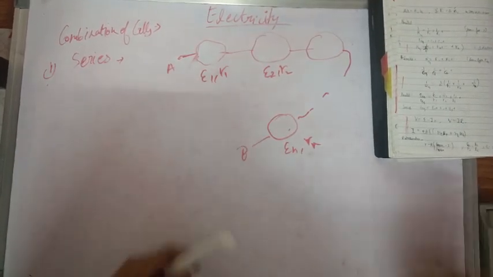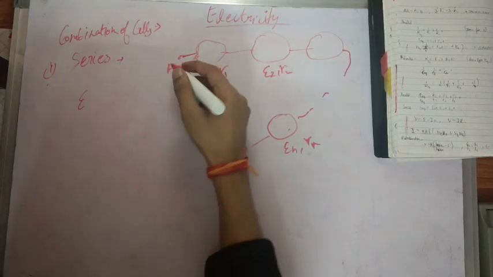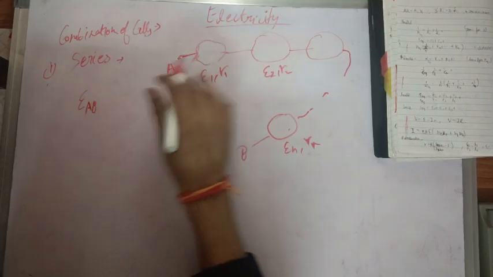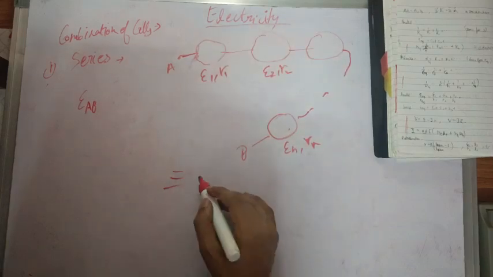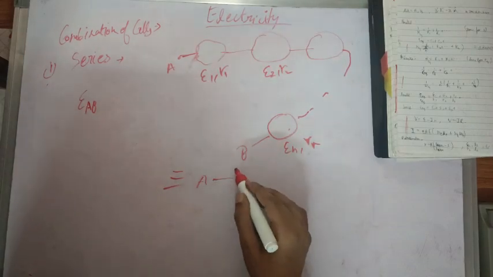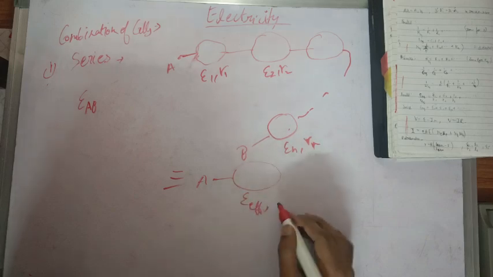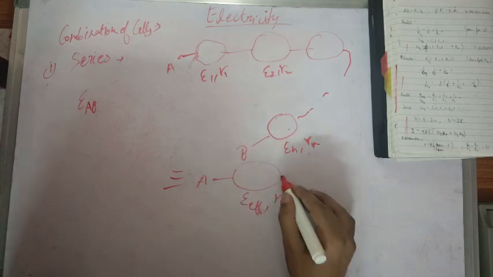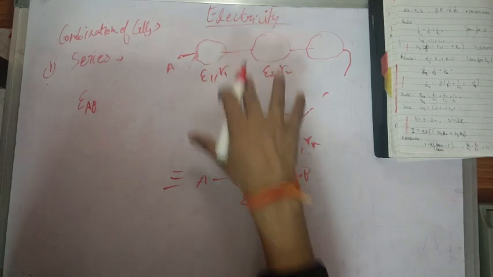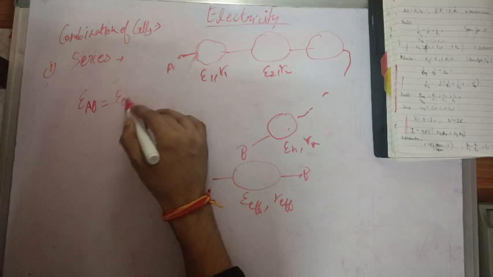Now in case of this, simply the EMF between A and B, this whole system can be replaced by a single cell, which is let's say of E effective EMF and R effective internal resistance. This whole can be replaced by this single cell, EAB, which can be written as E effective.